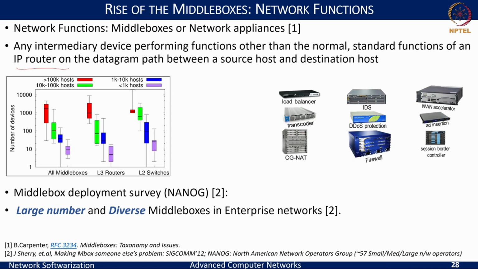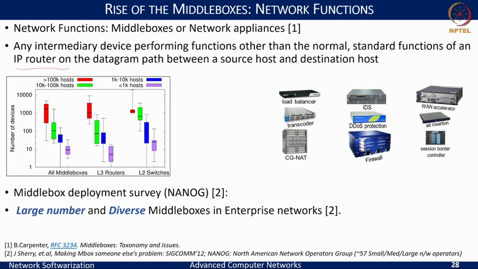The red corresponds to a large scale, the purple corresponds to a small scale, and the green and the blue are the intermediary or mid-scale network operators. What they saw in each of these cases was the number of middle boxes they employed versus the number of layer 2 switches and layer 3 routers those networks had.